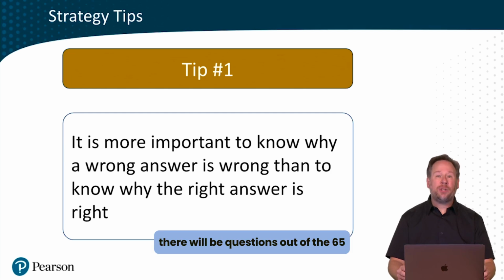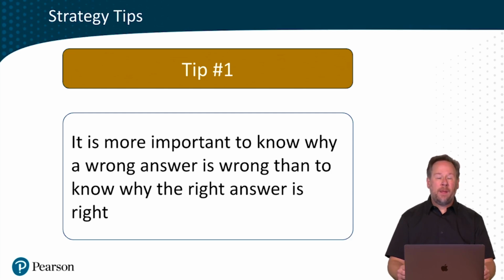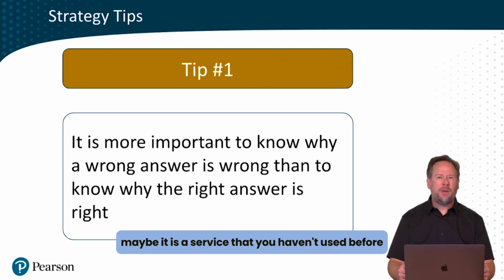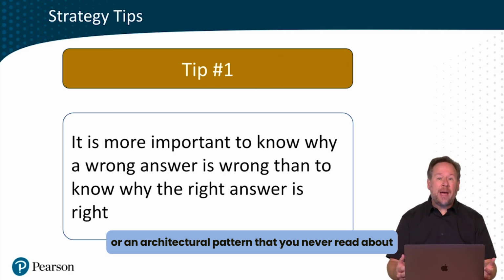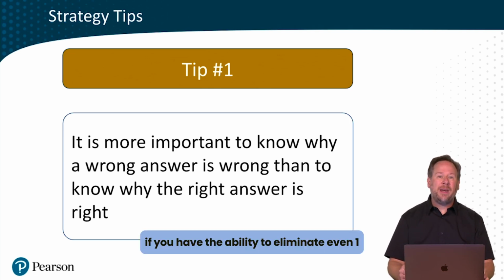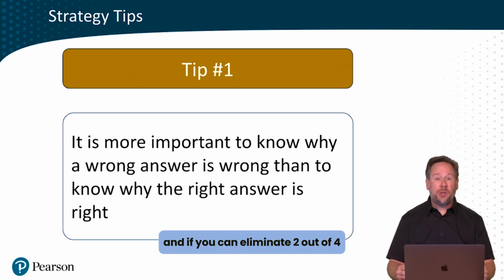There will be questions out of the 65 that you are not fully sure about. Maybe it is a service that you haven't used before, or an architectural pattern that you never read about. If you have the ability to eliminate even 1 out of 4 answer choices, it makes it that much easier to guess with the remaining 3. And if you can eliminate 2 out of 4, your chances of getting the question right have just jumped up significantly.